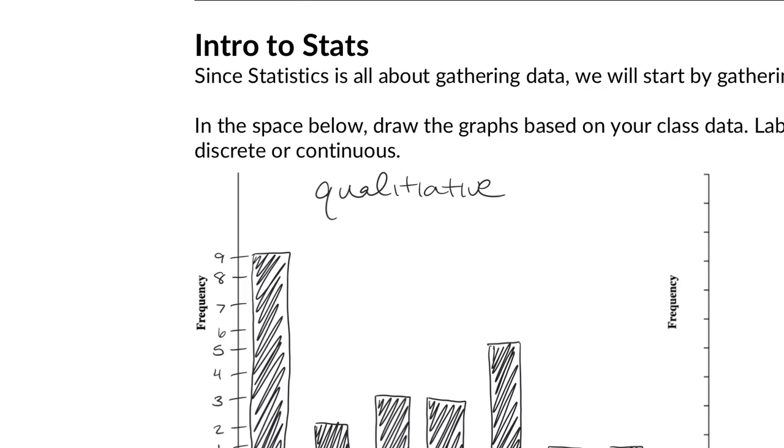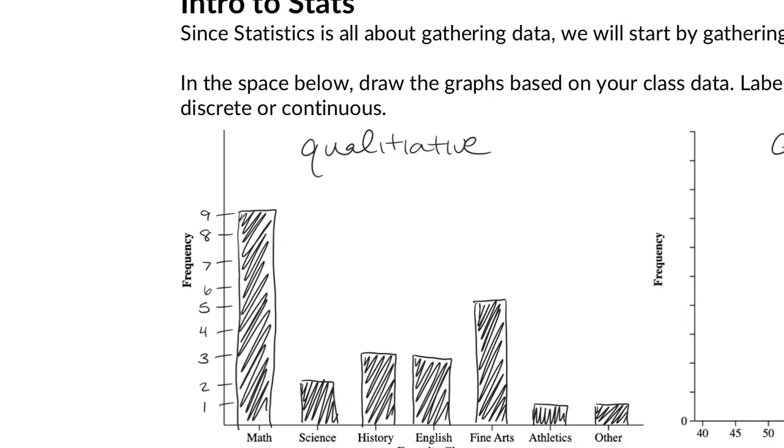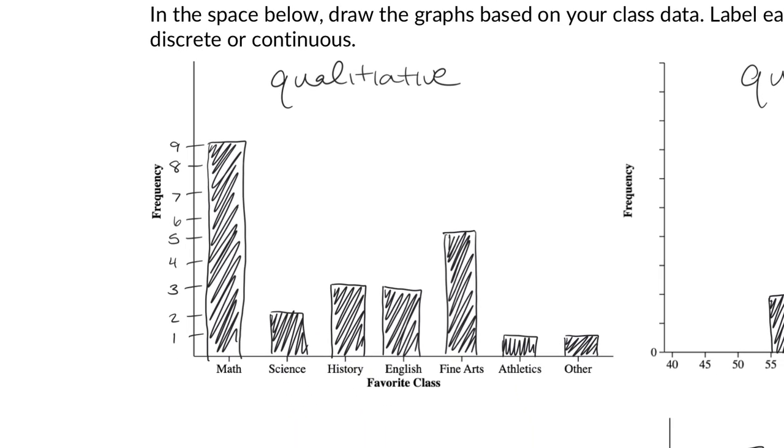In the same concept, discrete data is data that would be individual dots, things that you cannot take halves or parts of, which includes your favorite subject. You're not like, I'm half into math and half into science. No, you picked a favorite. It is a discrete data point.